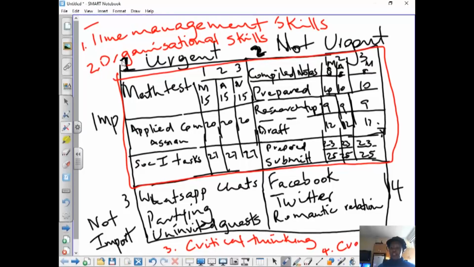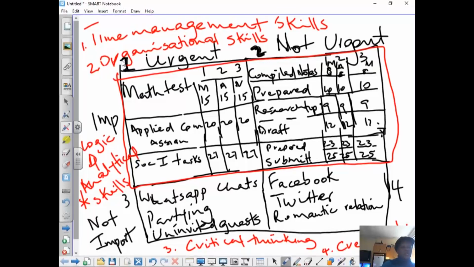Because you can creatively allocate your time. Do you see? So it means that you do have quite a number of analytical skills, because analytical skills also have an element of logic, logical skills.